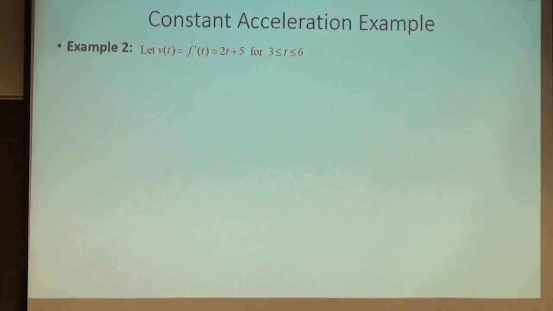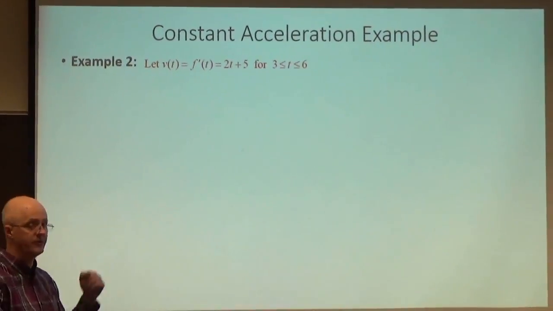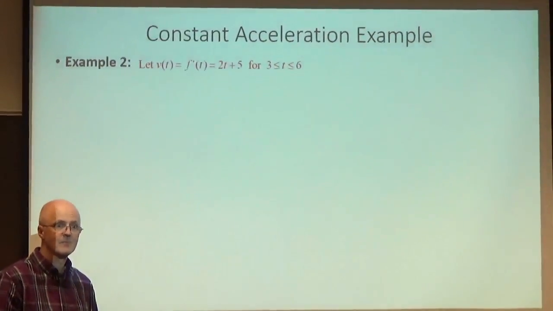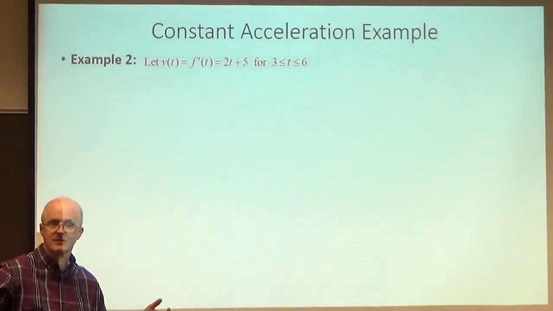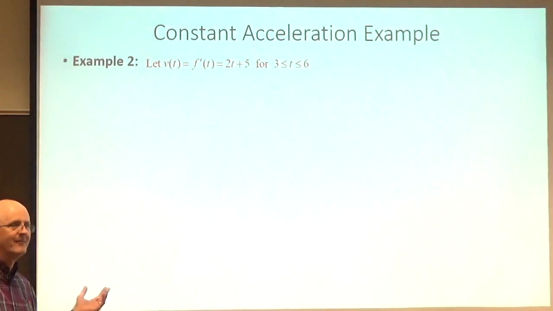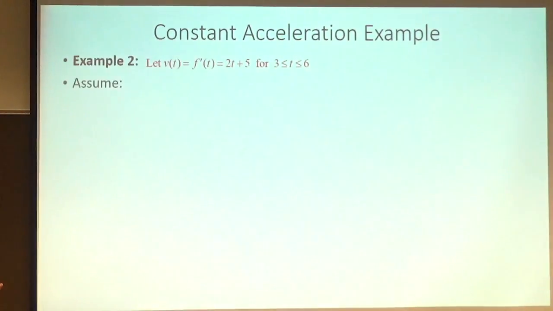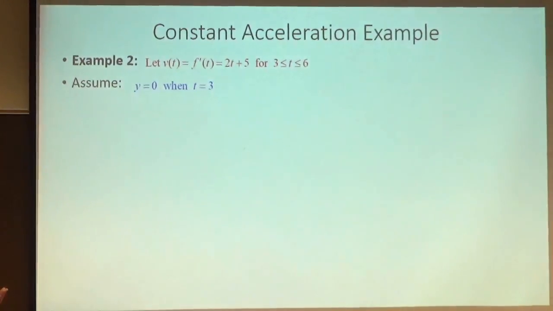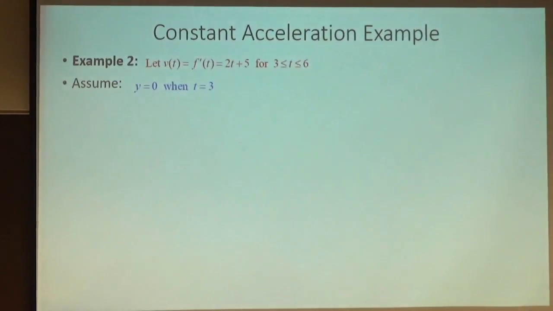Once again, I'm not starting at t equals 0. I'm starting at t equals 3 this time, just picking random numbers. Once again, let's assume y is 0 at the starting value of time, in this case t equals 3.